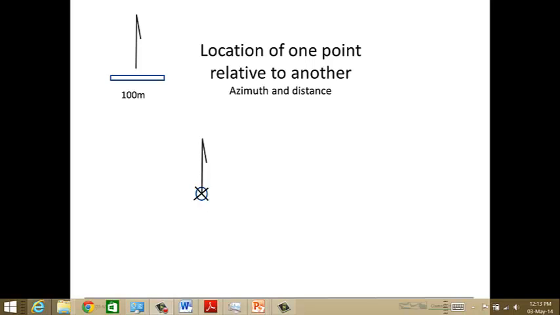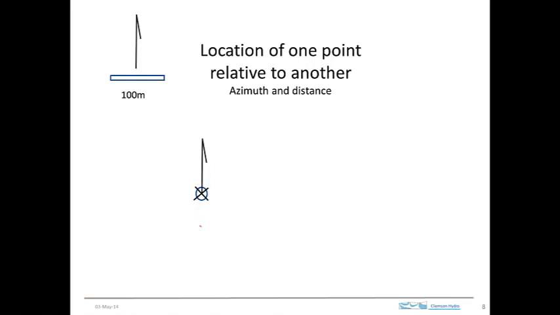The most straightforward one, and the one we'll probably use the most often, is to measure the azimuth and the distance. So if we start off with a point right here, that's our base point, and we have another point we want to locate, then we measure the azimuth from our base point over to the point of interest, and so we measure that angle with our compass, and we measure this distance using either a pace, a tape, or a transit.